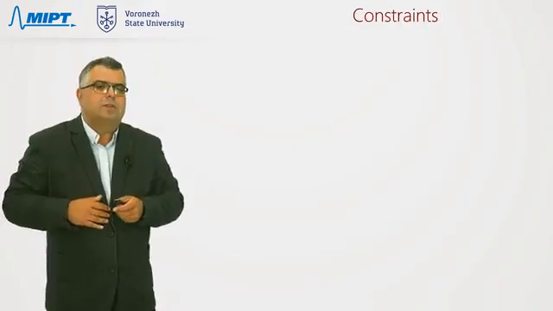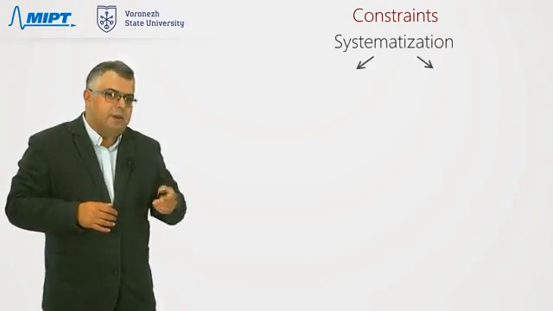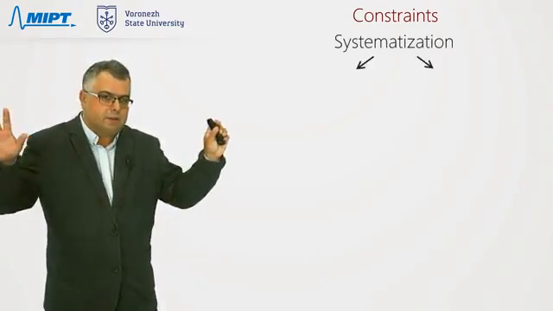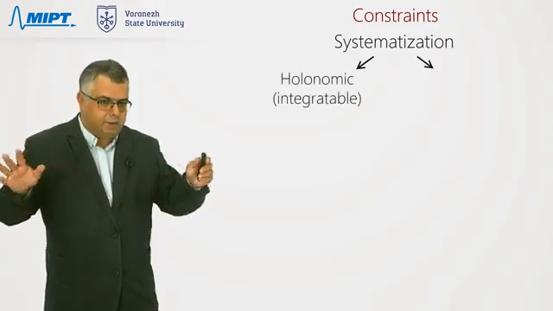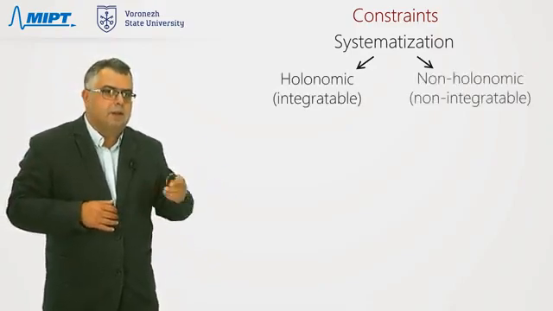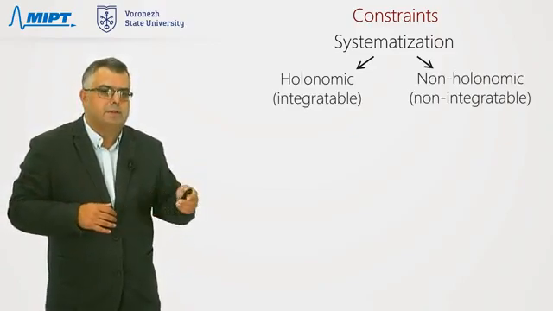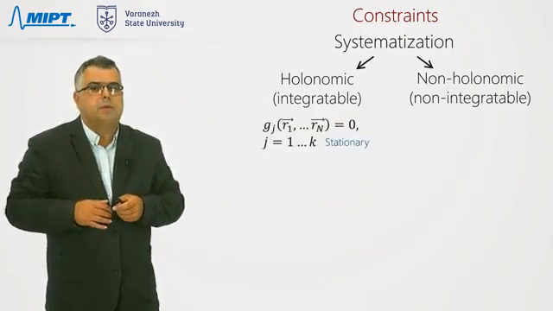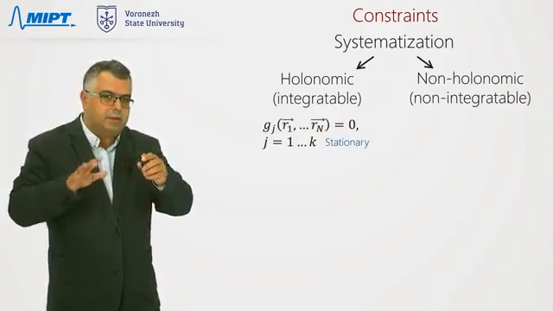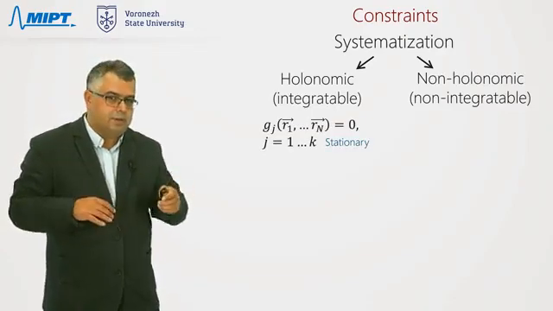In order to systematize constraints, we consider constraints of two kinds: holonomic constraints, or integrable constraints, and non-holonomic constraints, which we call non-integrable constraints. If we consider holonomic constraints, we can describe them in terms of an analytical function and an equality, and that constraint depends only on the positions of the particles of our system.